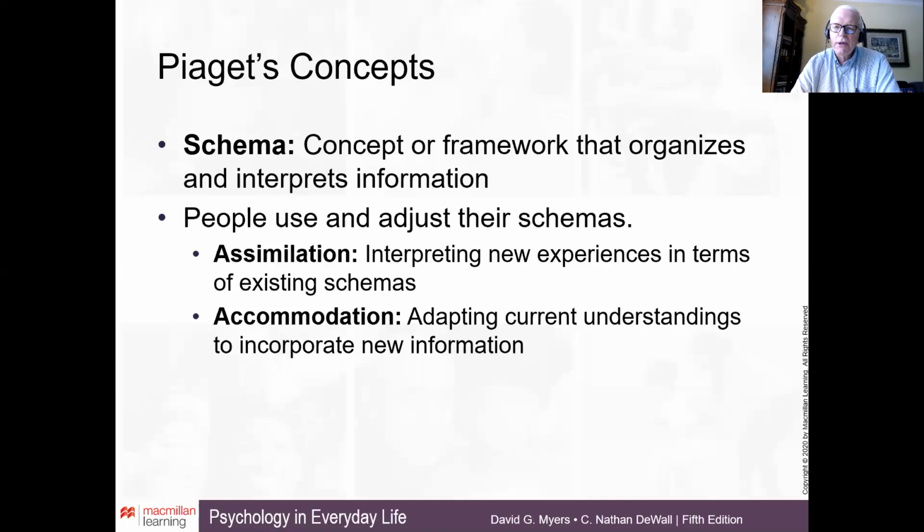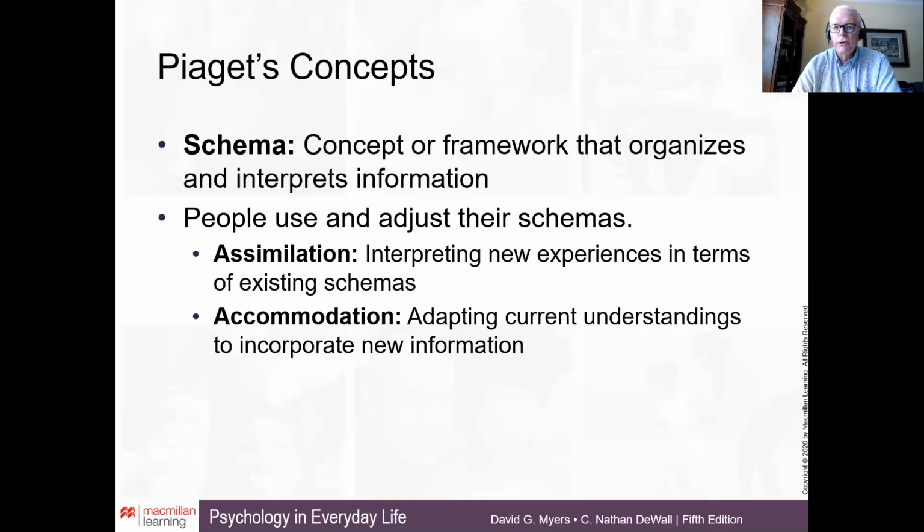But of course, a young child hasn't had that much life experience yet, so they're continually expanding on the schema they already have and adding new schema through experience. Children do this through a process of assimilation and accommodation.